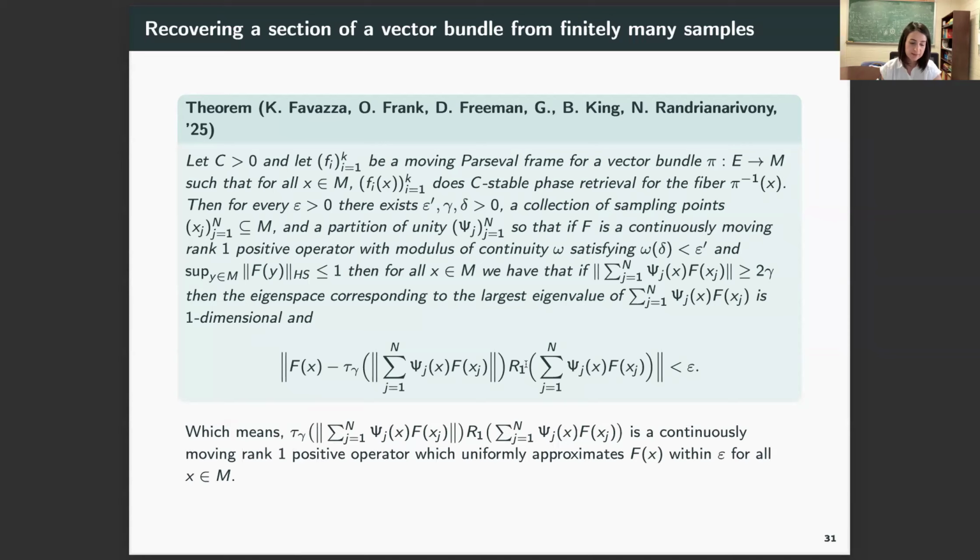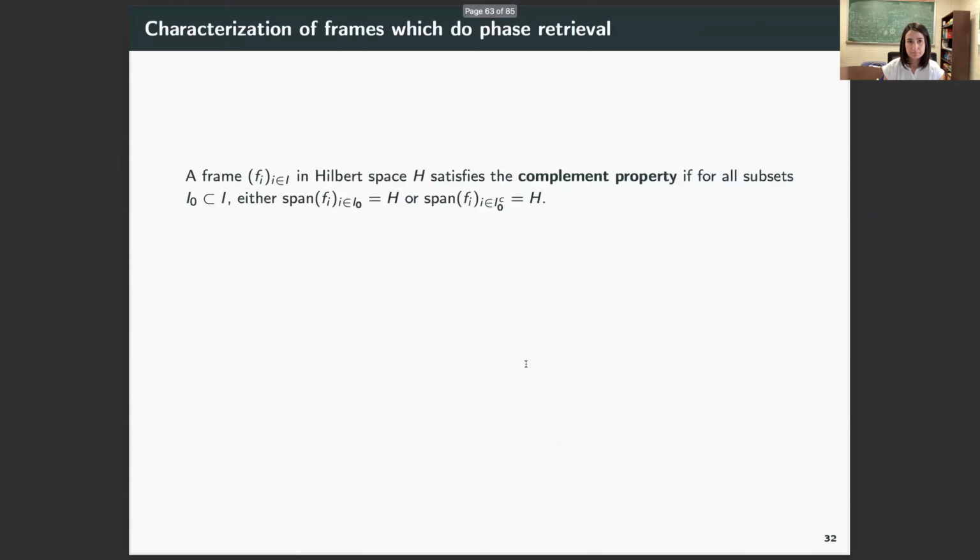All right, the last thing that I want to talk about is the characterization of frames which do phase retrieval. What we know is that a frame satisfies the complement property, which says that any time I split my frame into two parts, one of those parts should span the space.